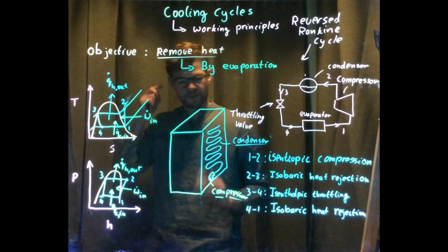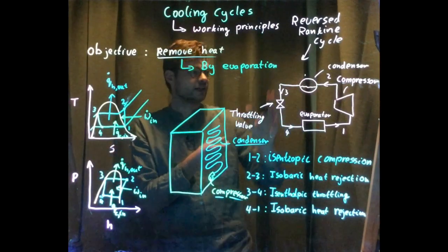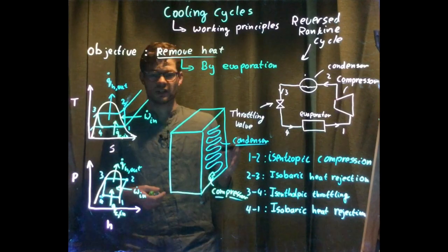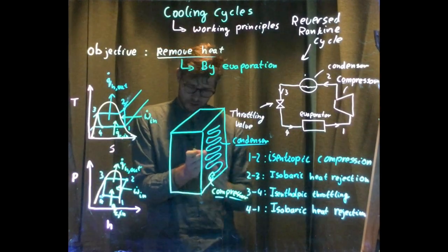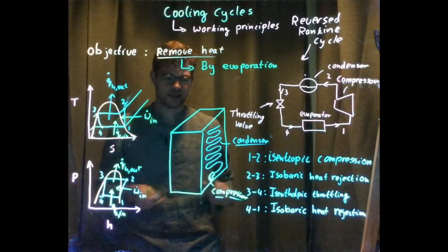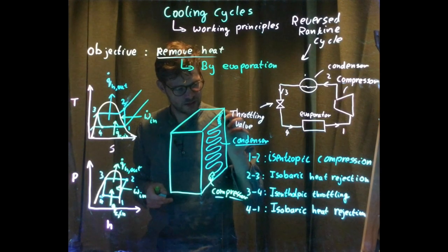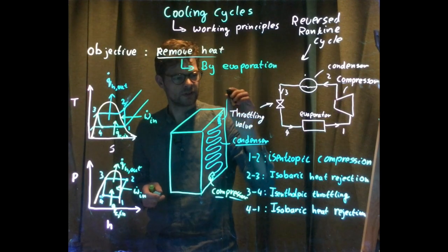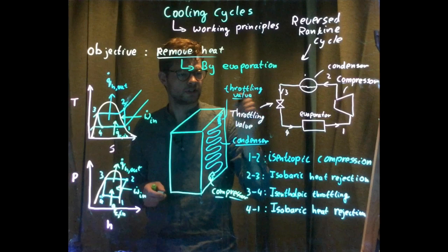And so the refrigerant, the liquid that's inside the cooling device, the refrigerator, cools by natural convection and conduction to the outside air. So over here I've got my throttling valve, and in refrigerators this is a capillary tube, or even just a valve.